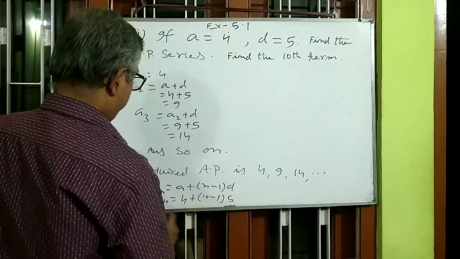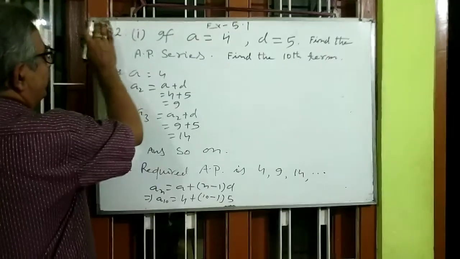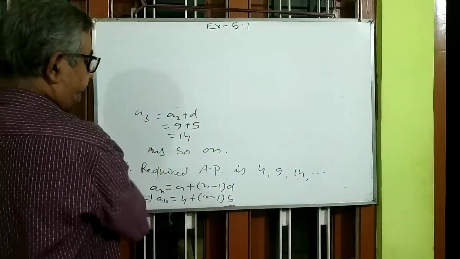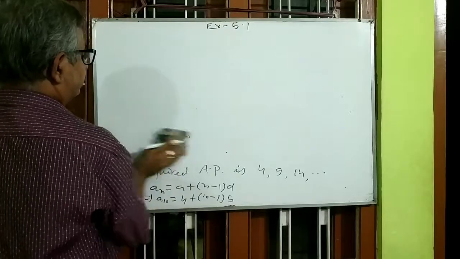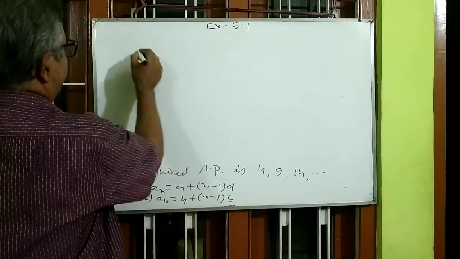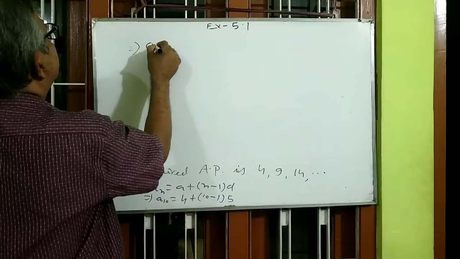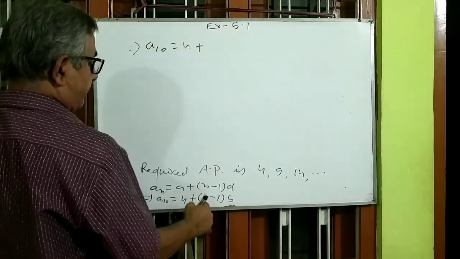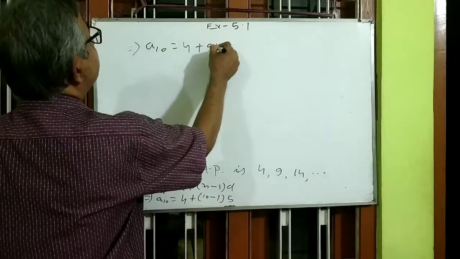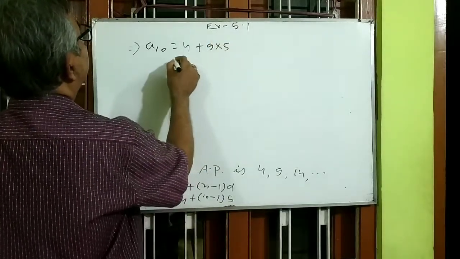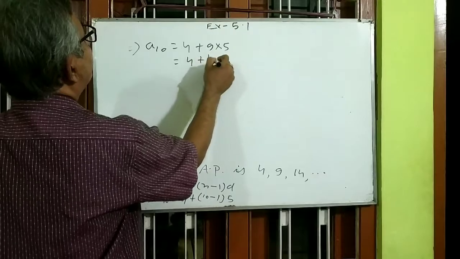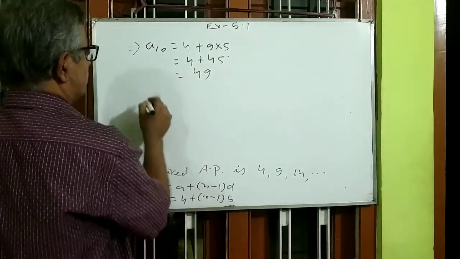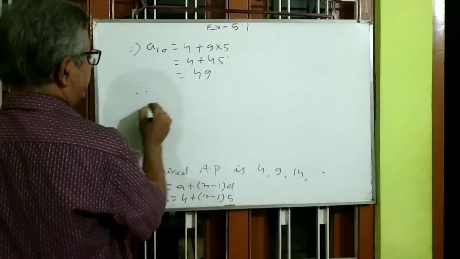My dear students, here you see, A10 is equal to 4 plus 10 minus 1, you are getting 9. 9 into 5, we are getting 45. You are getting 49.